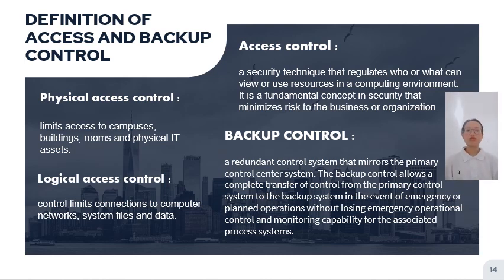Moreover, there are two types of access control, which are physical access control and logical access control. Physical access control limits access to campus, buildings, rooms, and physical IT assets. While logical access control limits the connection to computer networks, system files, and data.